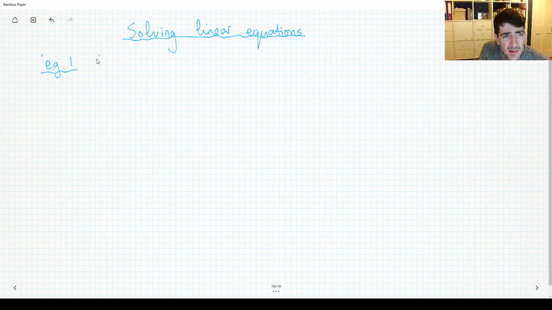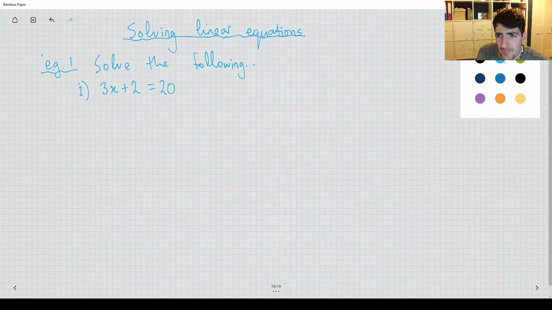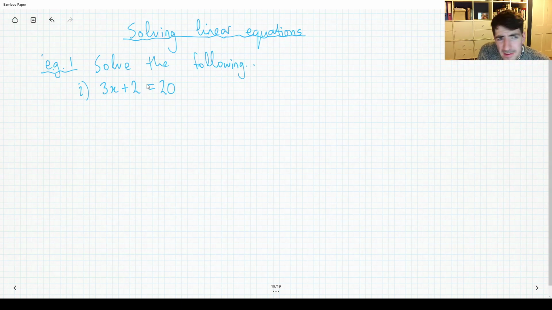Example 1. Solve the following. Okay. So firstly, nice easy one to start with. 3x plus 2 equals 20. So when we have an equation like this, when we're asked to solve an equation, you need to find the value of the variable.